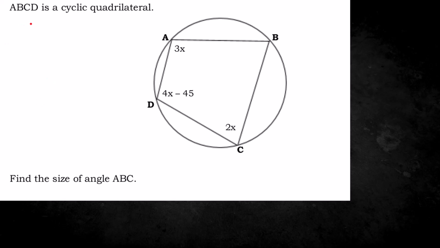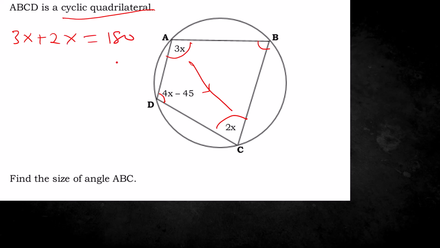Now ABCD is a cyclic quadrilateral. So same thing: if this one is a cyclic quadrilateral, the sum of the opposite angles add up to 180 degrees. So we have this one here: 3x plus 2x will be 180 degrees.